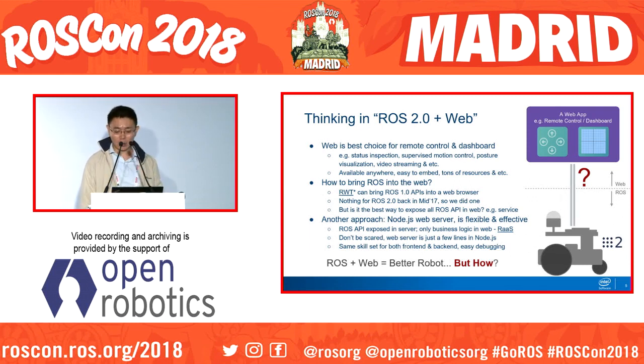And there was no solution available back in mid 2017. So we kicked off and said we want to do a new bridge for ROS2. Here, I'd like to give special thanks to Ji Hong, one of the owners of RWT, who was very kind. He helped us create a new repo and made us the owner.